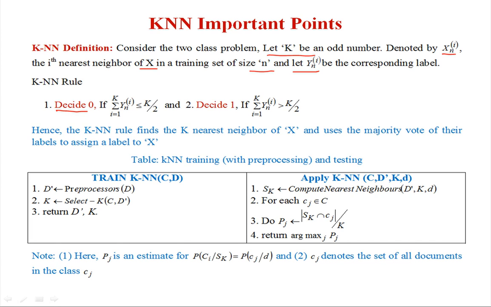the document will not be part of the class y if the number of the k nearest neighbors belonging to class y is less than or equal to k by 2.